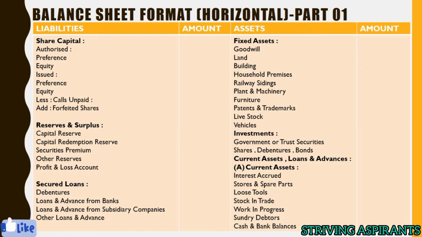Second head we can see in the liability side here, reserves and surplus, under which we will add capital reserve, capital retention reserve, securities premium, other reserves if any, then profit and loss account.